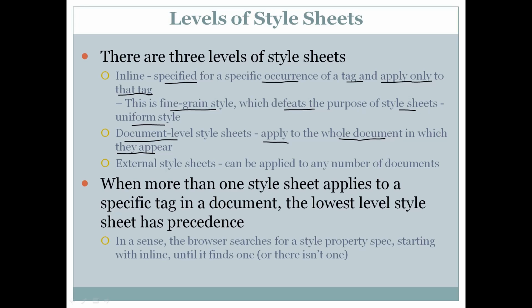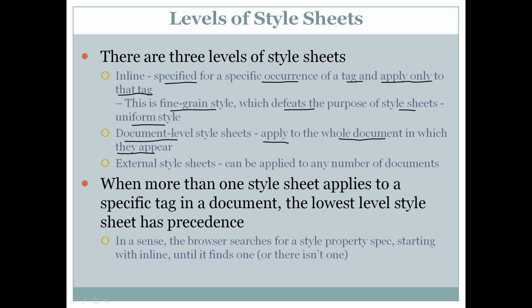An external style sheet can be used to style multiple XHTML or HTML documents. So, these are the three levels of style sheet: inline, applied to a single tag; document level, applied to a complete document; and external, applied to any number of documents.